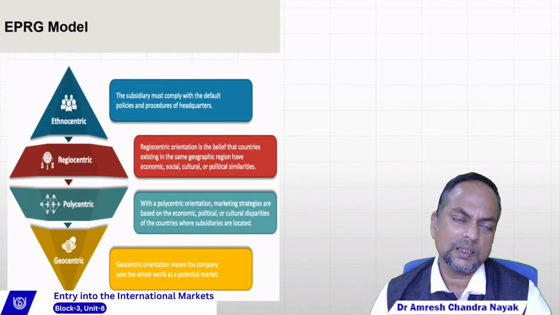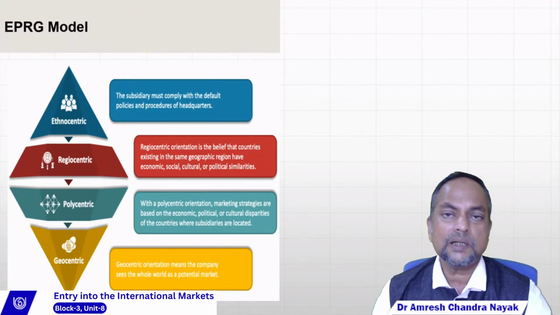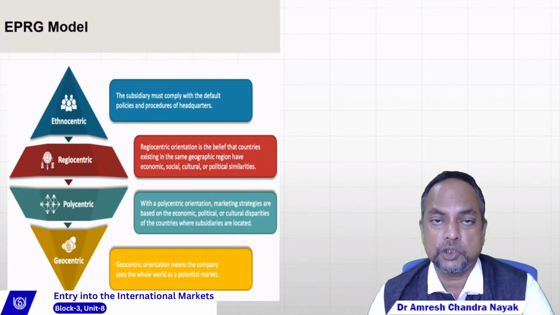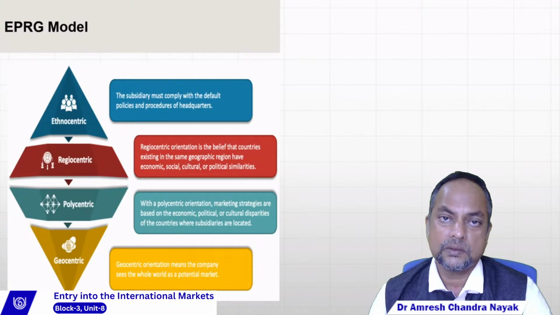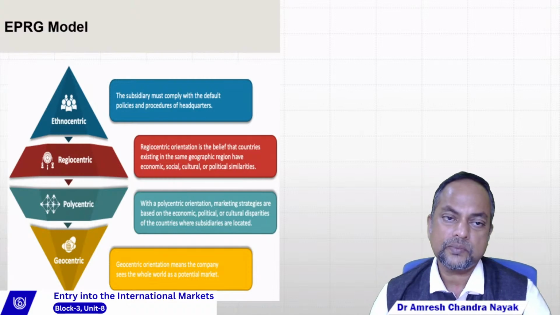I can come out with some sort of global strategies. That is what we need to understand. Right? So the ethnocentric approach says this makes a complete replication of the strategies from the home country, the parent country, at the host country itself.